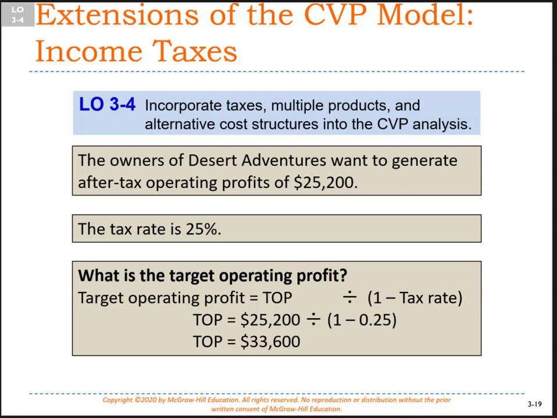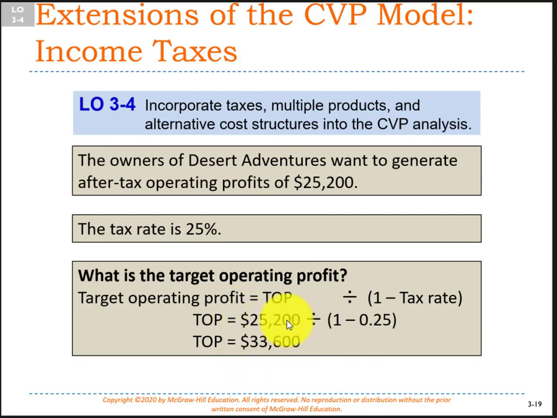So to figure out how much your target profit is before taxes, you divide by 1 minus the tax rate. In this case, 25%, right? So our target profit was $25,200. We divide by 1 minus the tax rate, which is 0.75. If you put that in your calculator, 1 minus 0.25, you get 0.75, right?